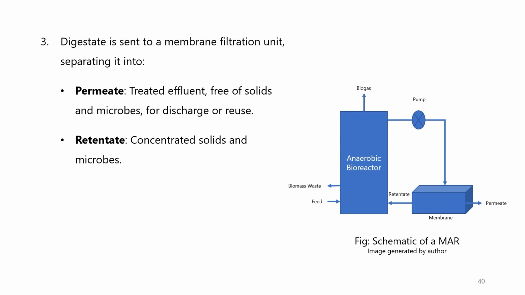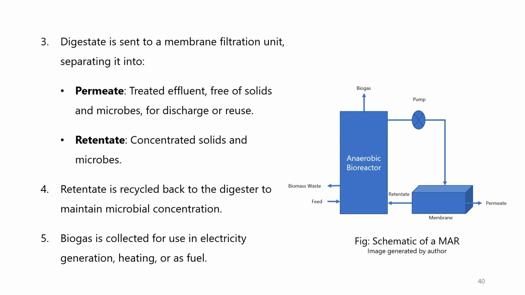The retentate, the concentrated solids and microbes, are recycled back to the digester to maintain microbial concentration. Biogas is collected for use in electricity generation, heating, or as a fuel.